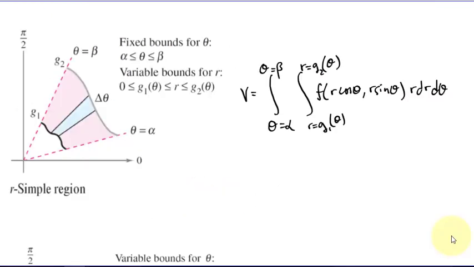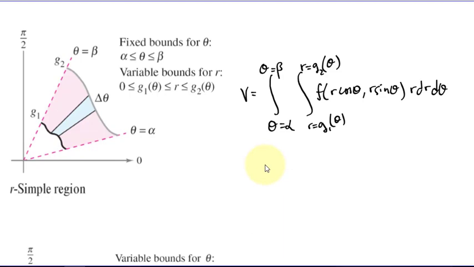Now, before I go a little bit further in exploring where this r comes from, I want to talk about two different scenarios that can occur with respect to these kinds of regions that we can put in polar form. So there's the first region that is called an r simple region in the figure here.